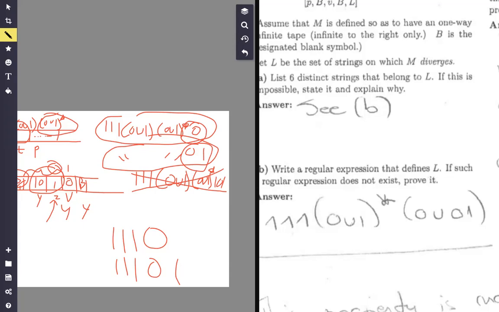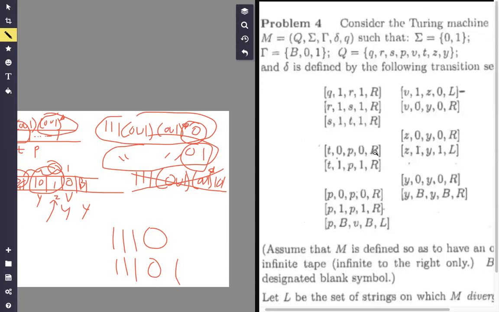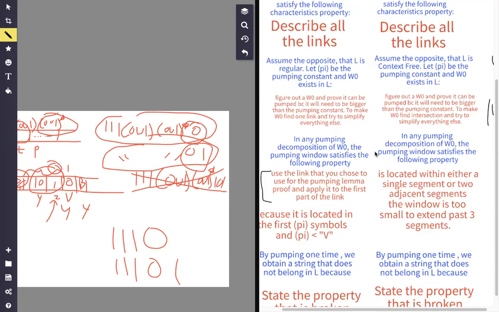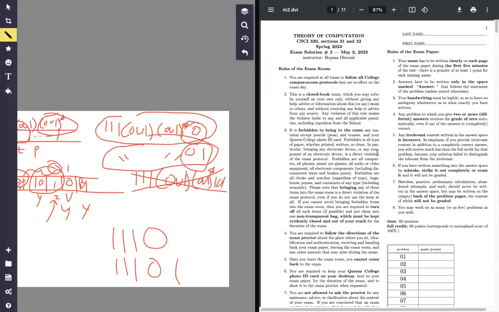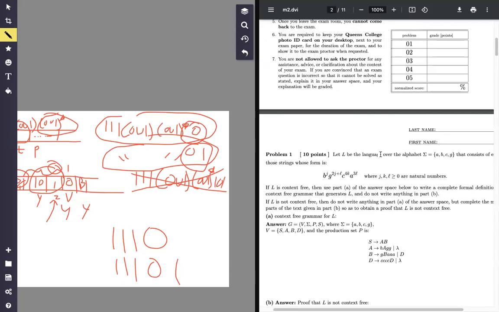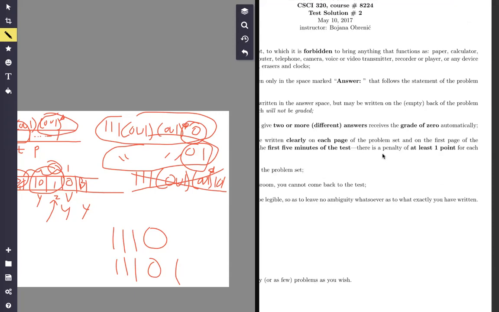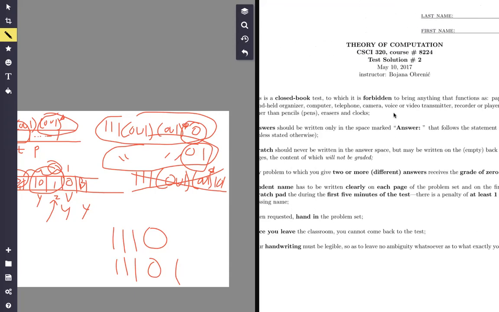The spring 2017. Do I have that open? Oh shoot, I have it open.